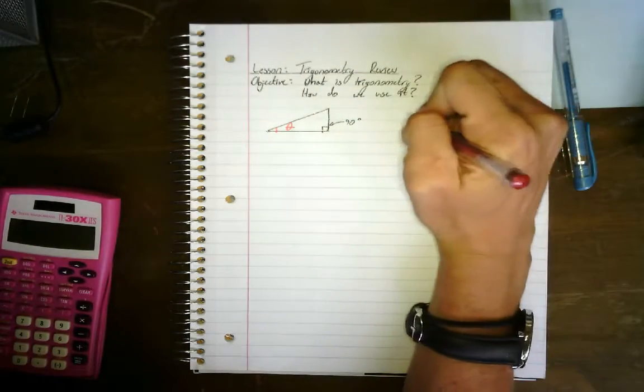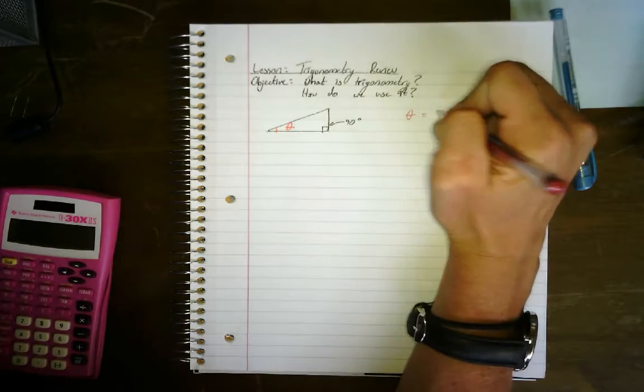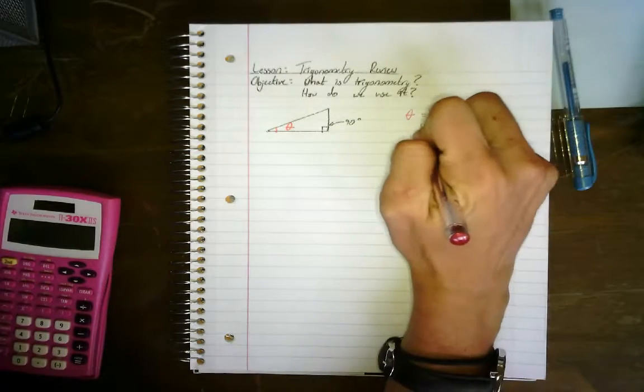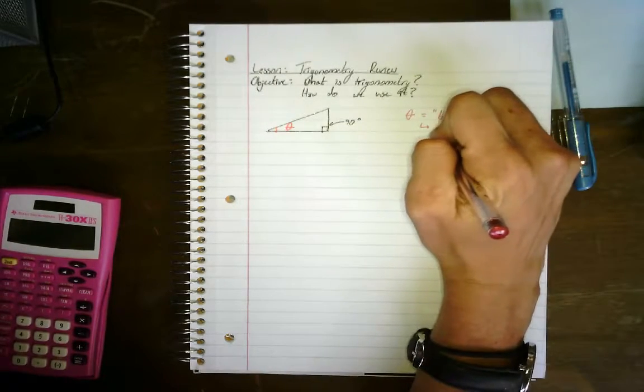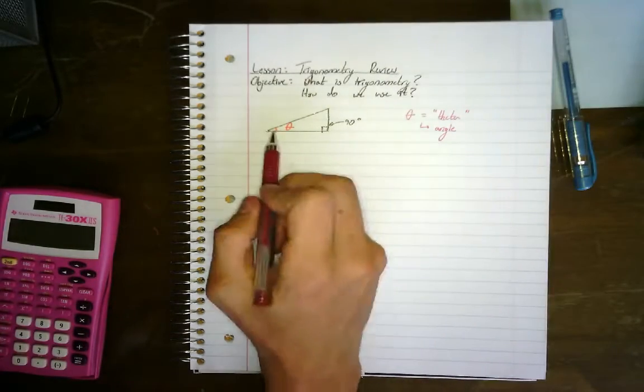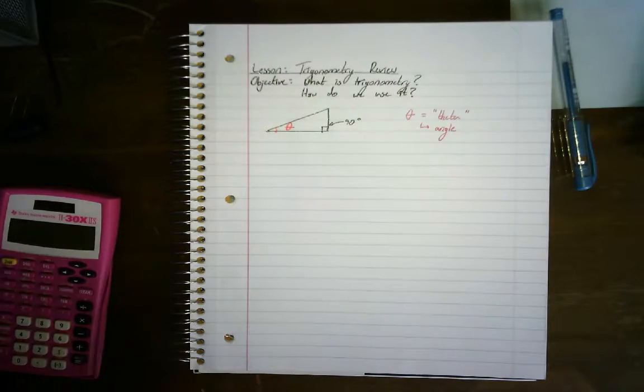So this value here is theta. You may have seen it before, but it just represents the angle for that vertex. Okay, so throwing a little bit of geometric terms at you, but just remember every time you see that value, it is the angle.